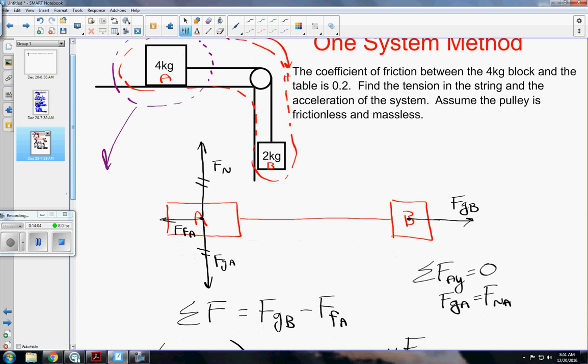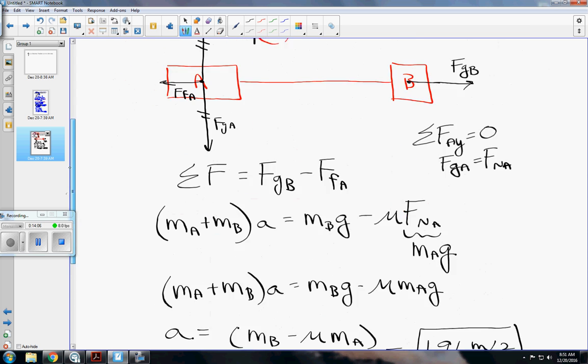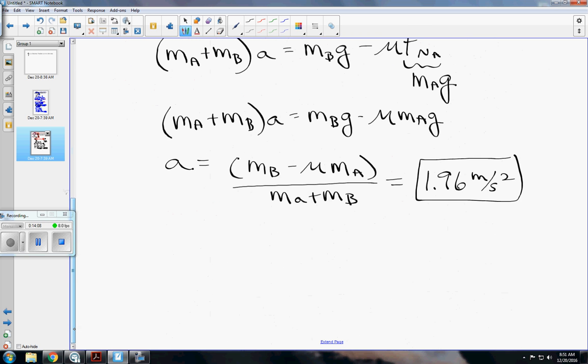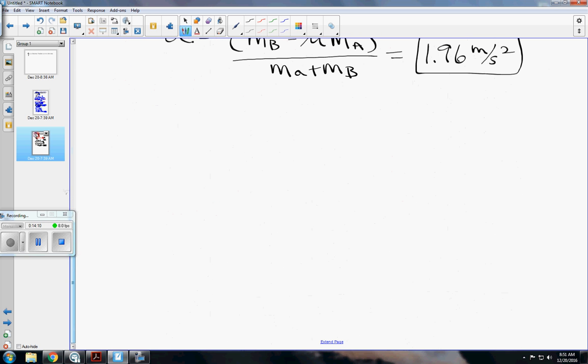And I'm just going to put an arrow because we're going to solve this down at the bottom of the page here. So on that one, block A, we have force of gravity on A, normal force on A, the force of tension, and the force of friction.